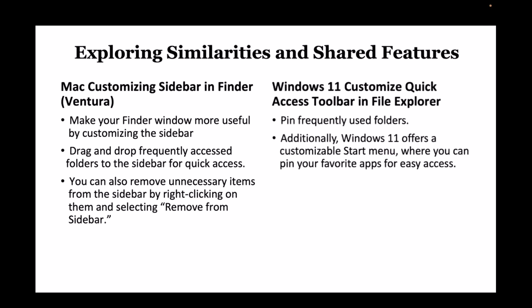In Windows, you can customize the Quick Access toolbar in your File Explorer, which is the equivalent of Finder on the Mac. You also can pin frequently used folders. Additionally, Windows 11 offers a customizable Start menu where you can pin your favorite apps for easy access.